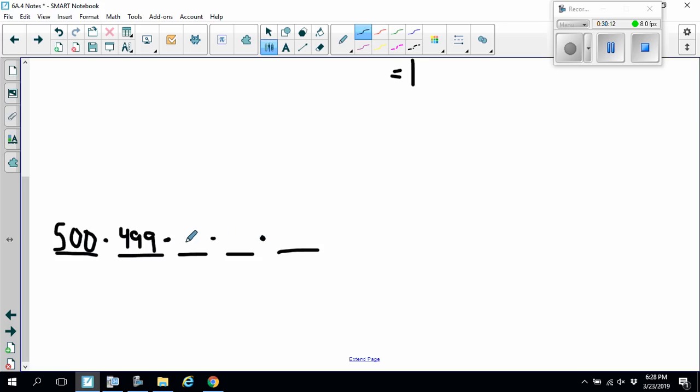Okay, so now the third person can't have the same message as the second or the first, meaning that person can only choose from 498 options or messages. The fourth person, and hopefully you can see the pattern here, can't have the same message as the third, the second, and the first person, meaning they only have 497 options left. And then the fifth person only has 496 options left because they also can't have the same message as the fourth, third, second, and first person.